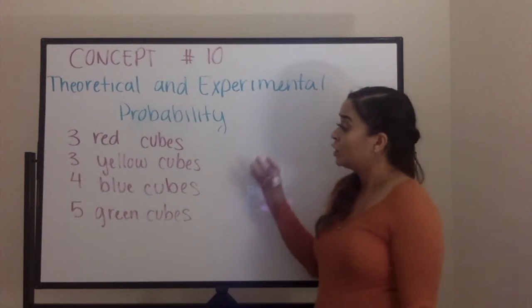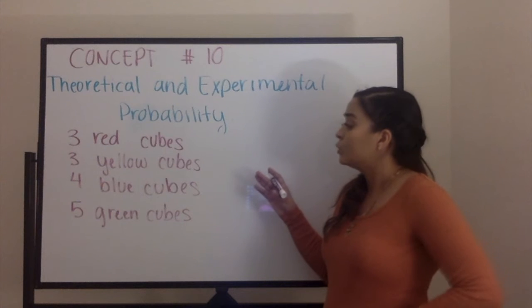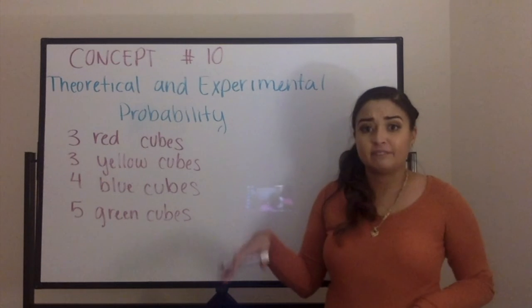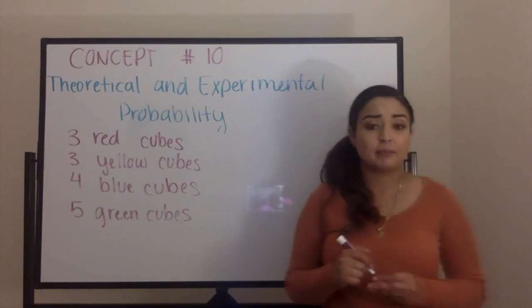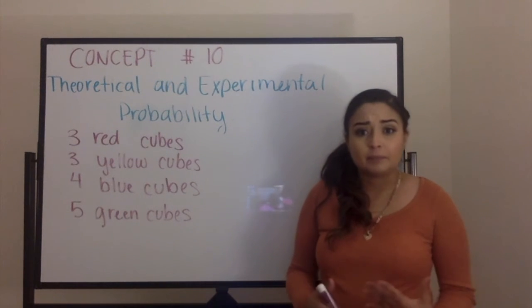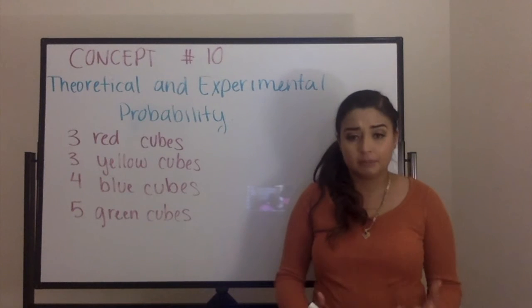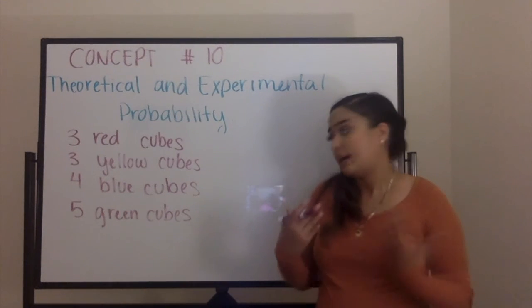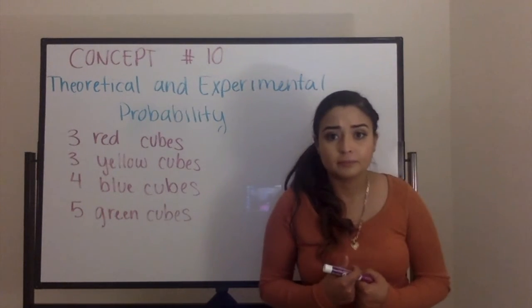So again, 3 red cubes, 3 yellow cubes, 4 blue cubes, and 5 green cubes. I have them in a baggie. Now, I want you to tell me the probability of me getting a green cube.